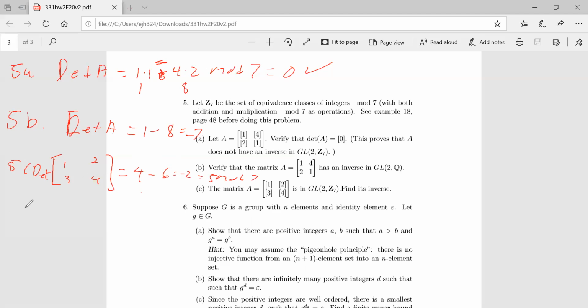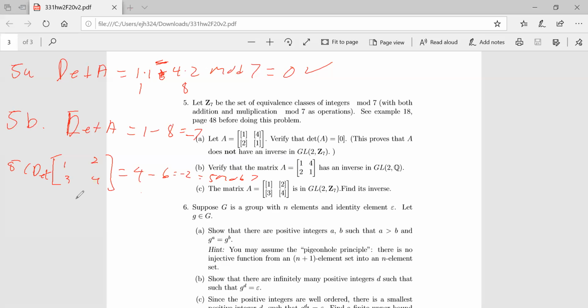So what is our normal way for finding the inverse of a 2 by 2? Normally you take 1 over the determinant and multiply it by the matrix where you switch A and D and make B and C negative.